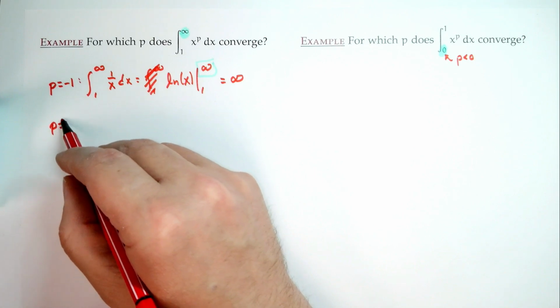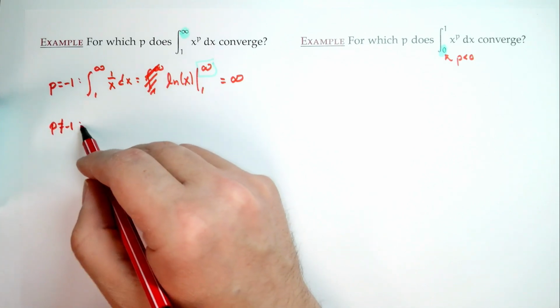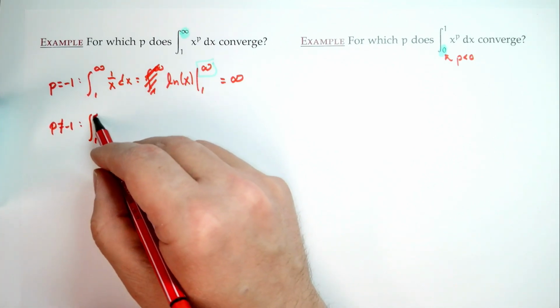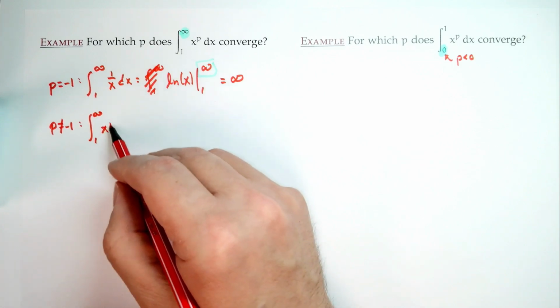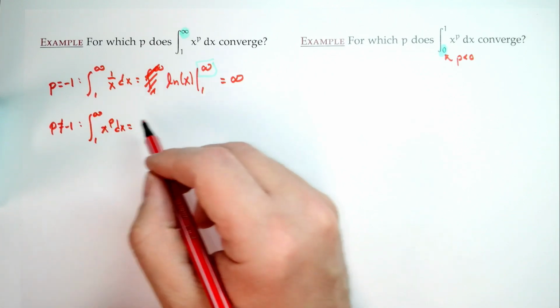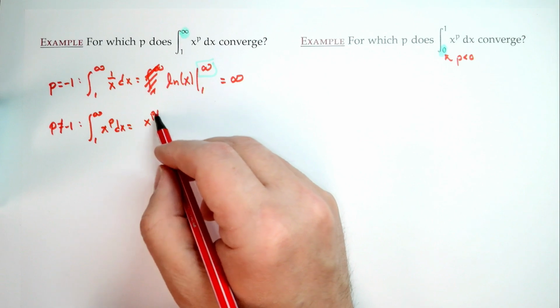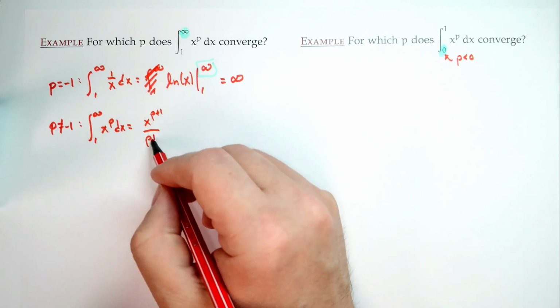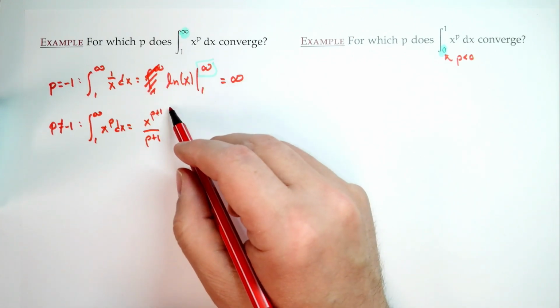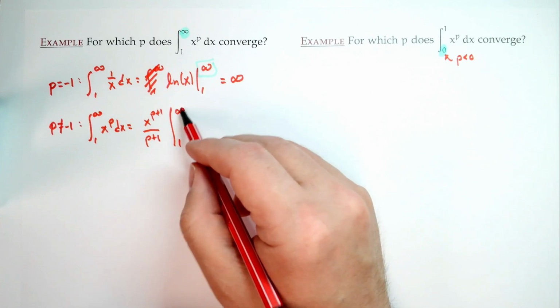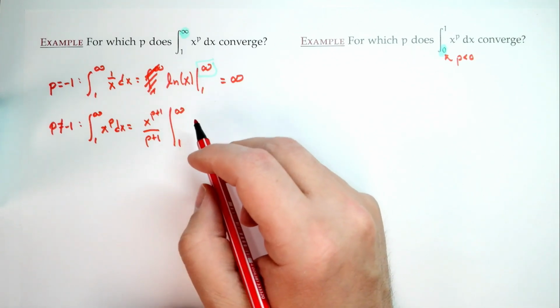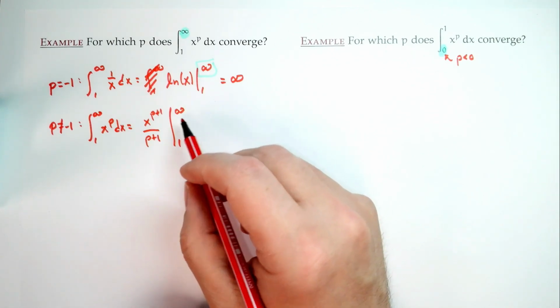What about p not negative 1? Well, the integral from 1 to infinity of x to the p. Now we can use our other rule, which is you add 1 to the exponent and divide by that new exponent, p plus 1, and you evaluate from 1 to infinity. Well, now let's be a little bit careful here.